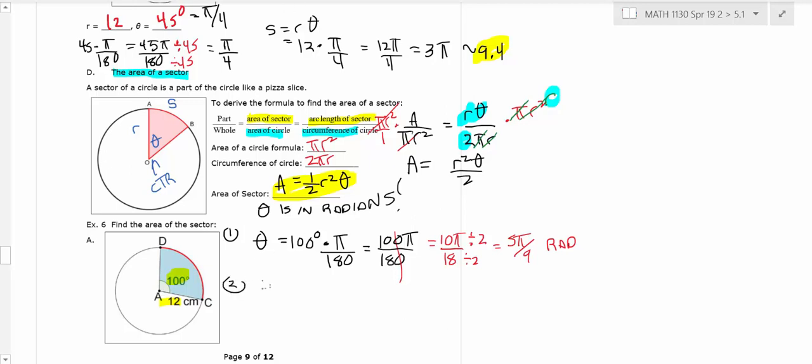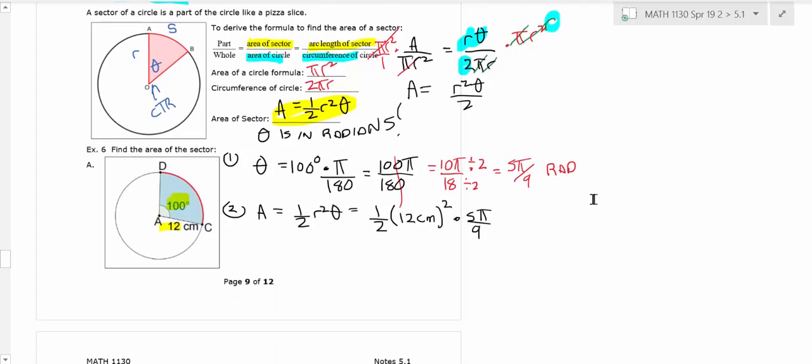Step 2 is we're going to find the area. So the formula is 1/2 r squared theta. So we have 1/2. The radius is 12 centimeters, and that gets squared. Then theta is 5 pi over 9. I'm going to leave pi in the answer to begin with, and then we'll use the calculator to get a decimal.